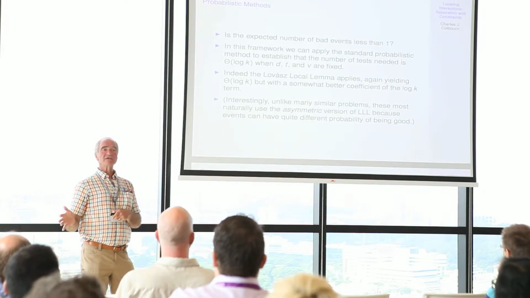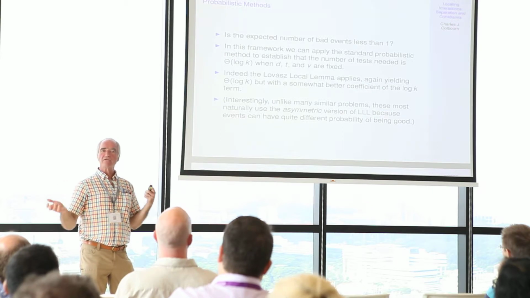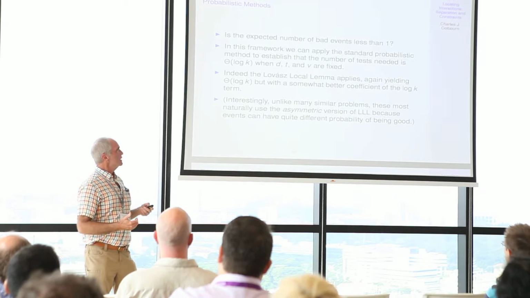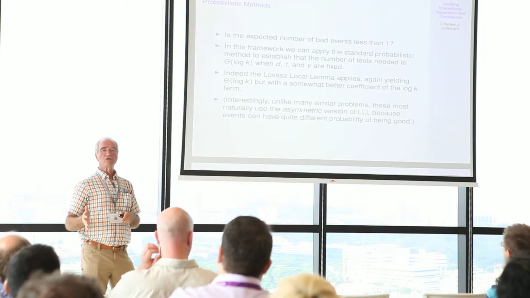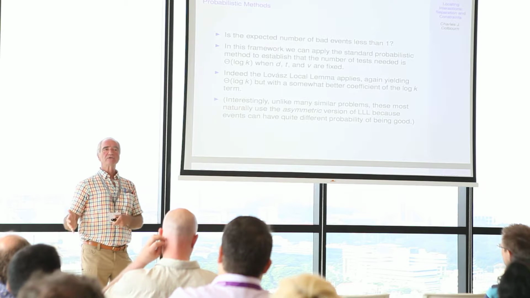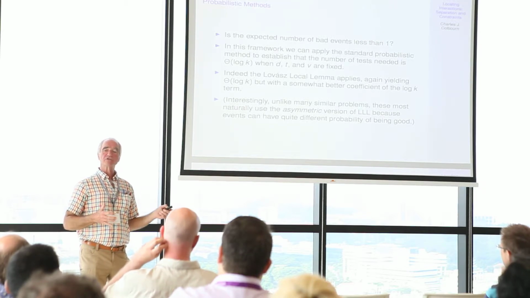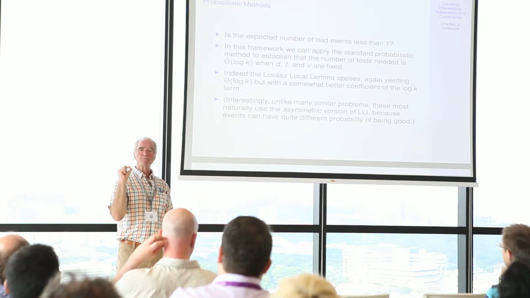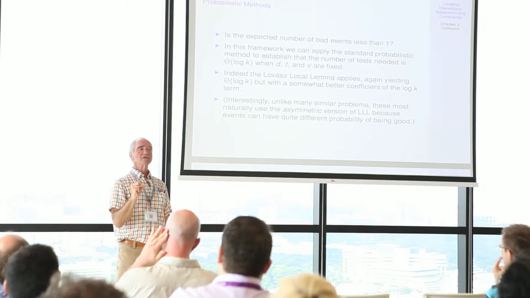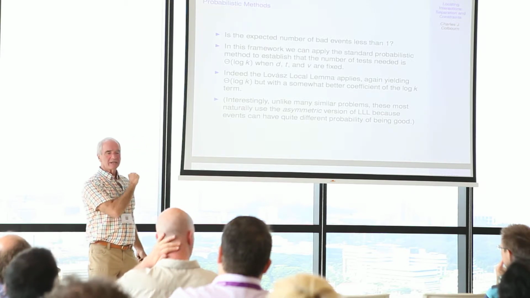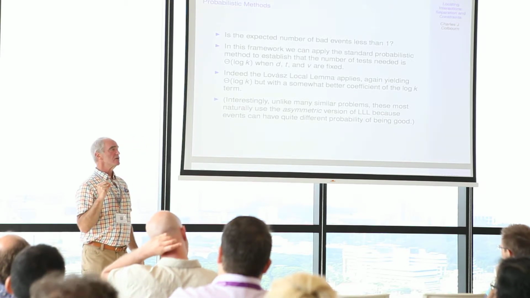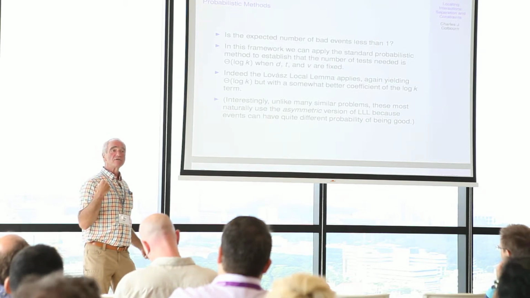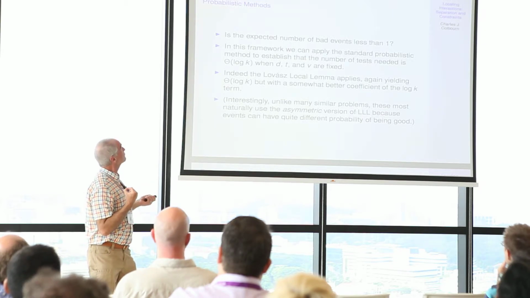But one of the things that's interesting for people who have used this in covering array land or hash families or a number of different contexts is that the most natural application of the Lovász Local Lemma here actually uses the asymmetric version, not the symmetric version, because events, depending on their structure, have different probabilities of being good and bad. So you can extract a result here from the symmetric Lovász Local Lemma, but you can improve it somewhat by using the asymmetric Lovász Local Lemma, which is kind of striking.